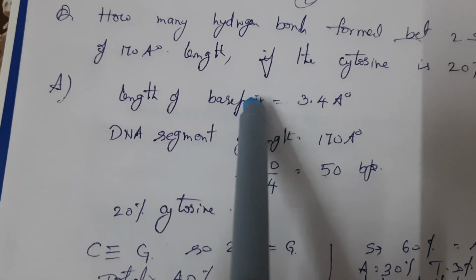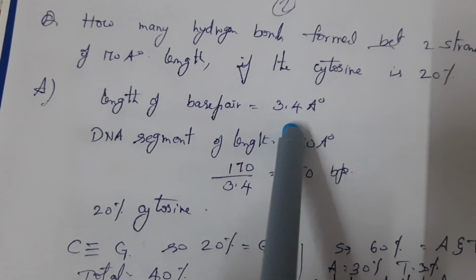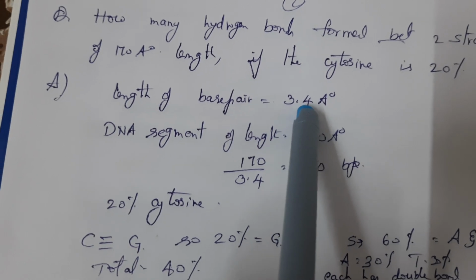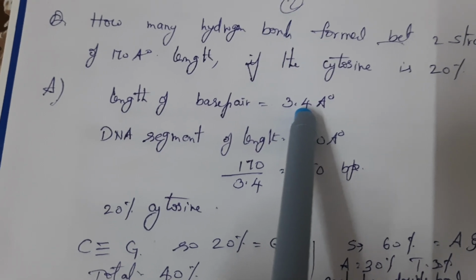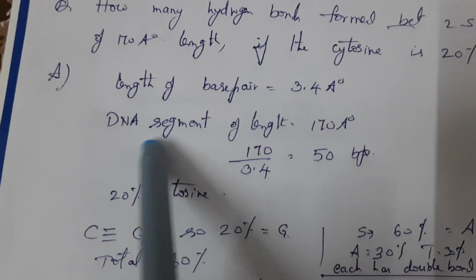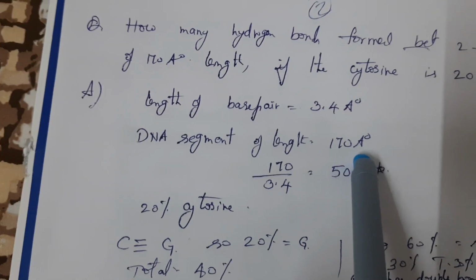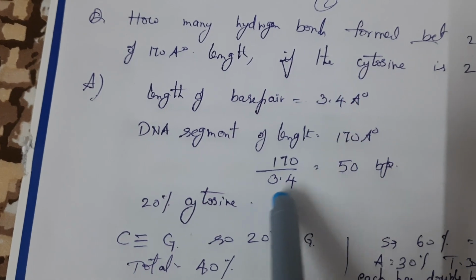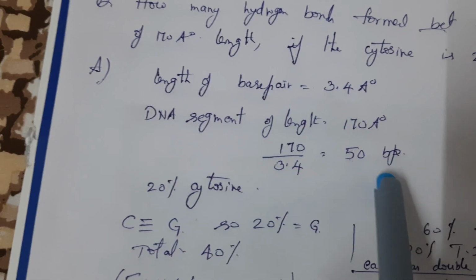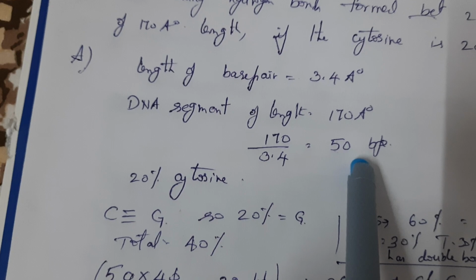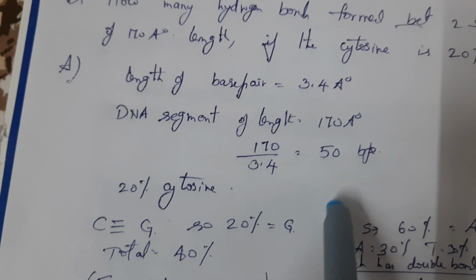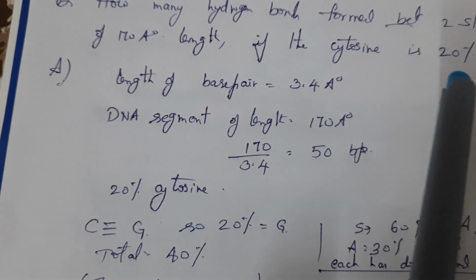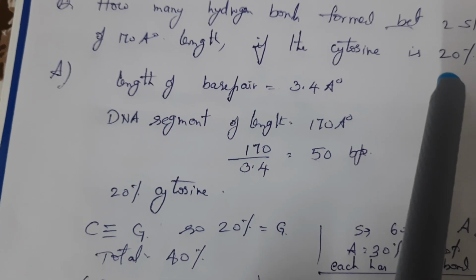Then the length of the base pairs will be 3.4 angstrom, that is the standard, fixed one. And DNA segment length is what they have given, 170 angstroms. That means 170 by 3.4, it becomes 50 base pairs. And in this one, 20% are cytosine.